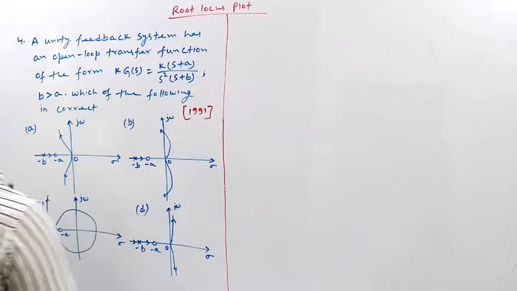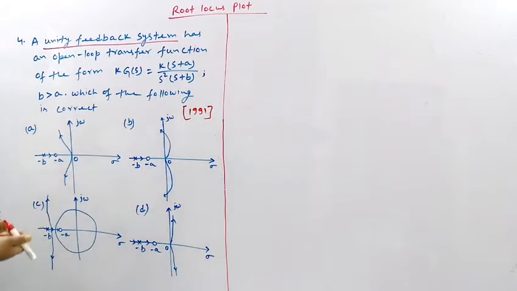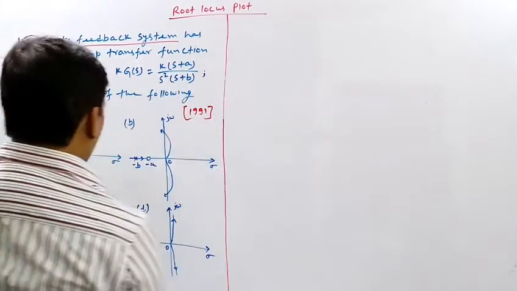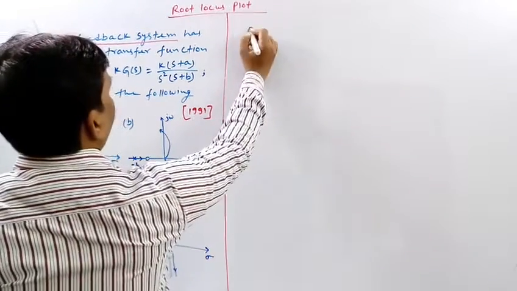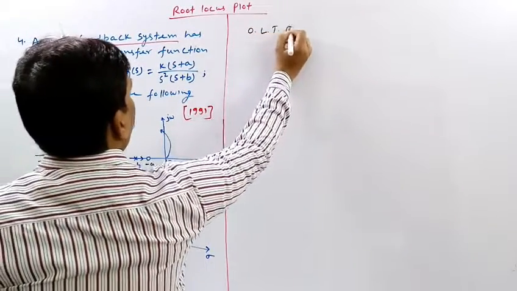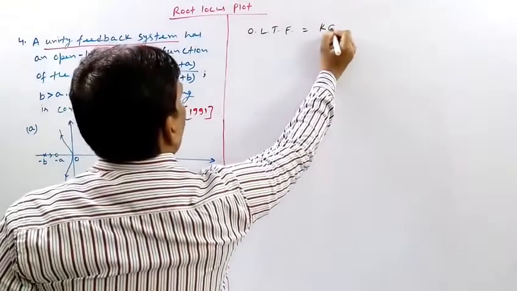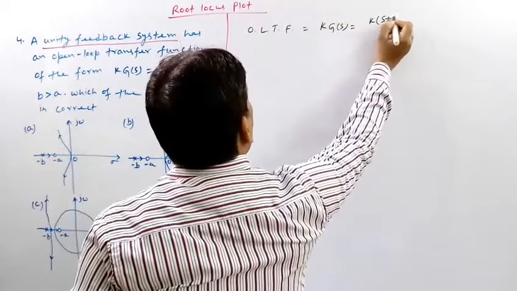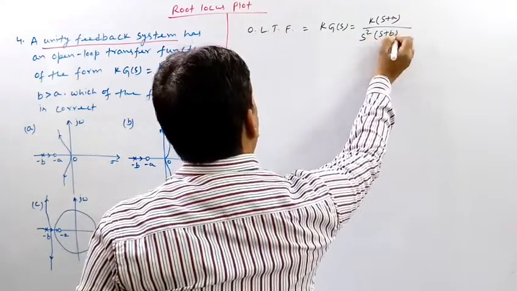It is given that the system is a unity feedback system with an open loop transfer function, and that open loop transfer function, the OLTF, is KG(s) equal to K(s plus a) divided by s square into (s plus b).